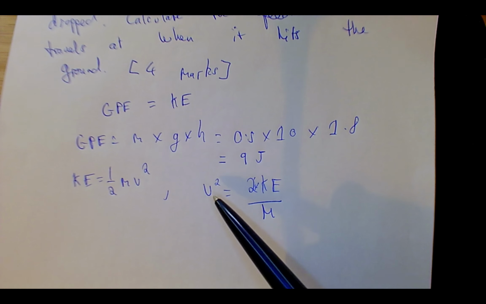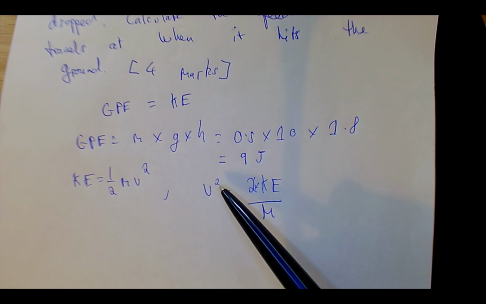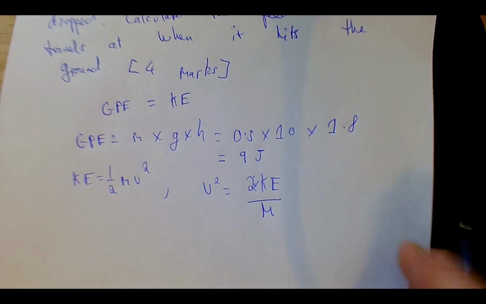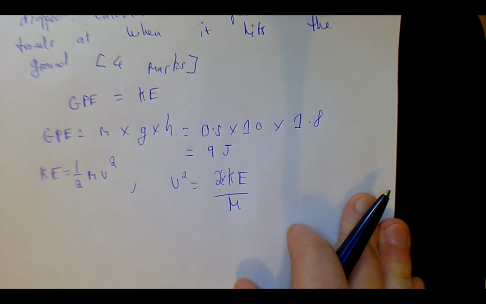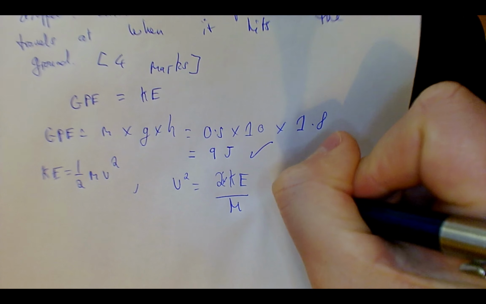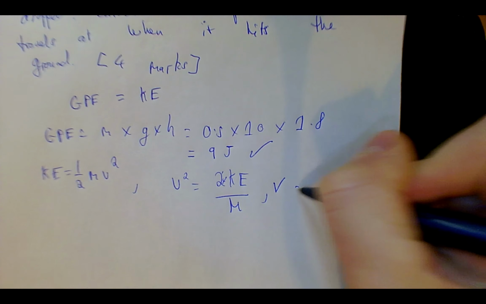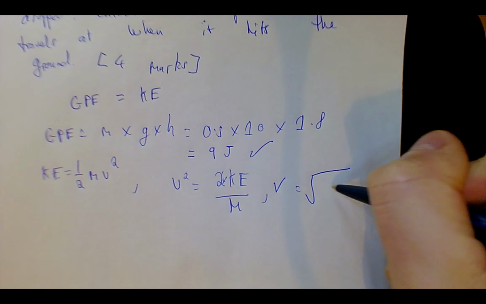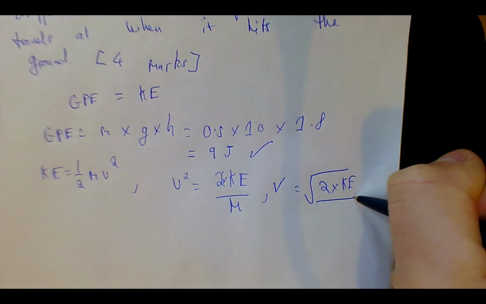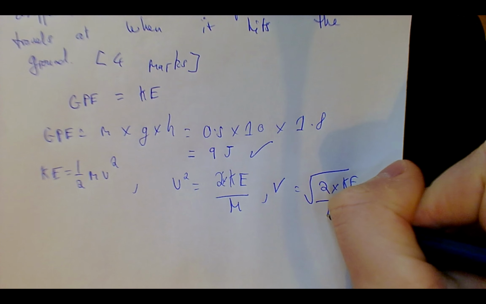I want to get v on its own, so I need to do the opposite of the squared, which is the square root. So v equals the square root of 2 times the kinetic energy divided by the mass.